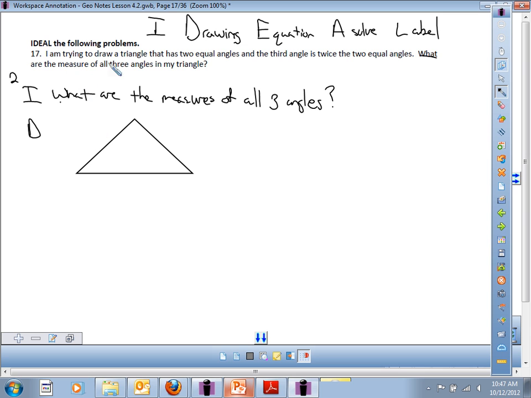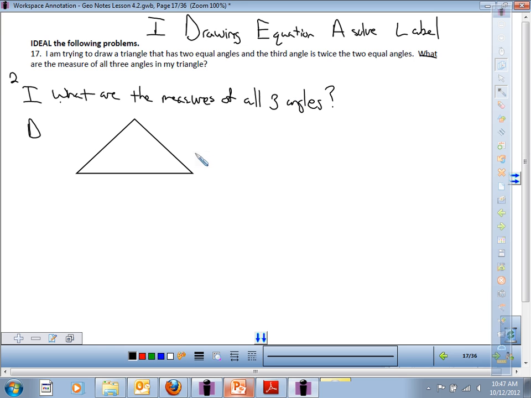Now let's get all our information in there. I'm trying to draw a triangle that has two equal angles, and the third angle is twice the two equal angles, but I don't know what those two equal angles are. So what I'm going to do, I'm going to set up like this. Here's my equal angles. I'm going to say that this guy is going to be x, and this guy would be x. That means this other angle is twice those two equal angles, so this guy would be twice those.